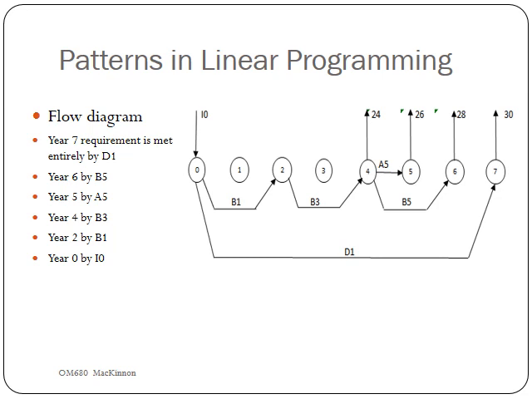So we can see that the year 7 requirement, $30,000, is met entirely by D1. Year 6 is met by B5. Year 5 is met by A5. Year 4 is met by B3. Year 2 is met by B1. And year 0 is met by our initial investment. Okay, so these are our priorities.